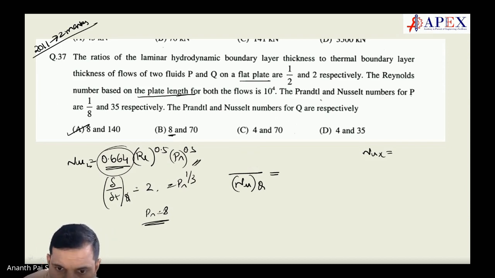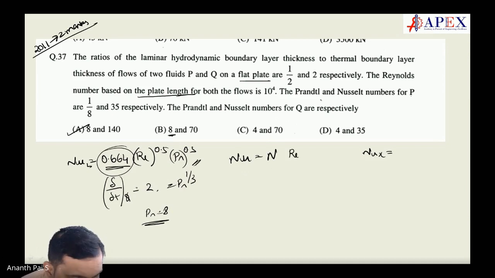We should write it like this: Nusselt number is equal to some function. We don't know what the number is. Some number into Reynolds number raised to 0.5, Prandtl number raised to 1 by 3. Okay, you have to do it in this fashion.